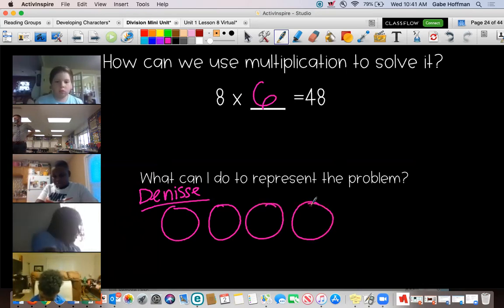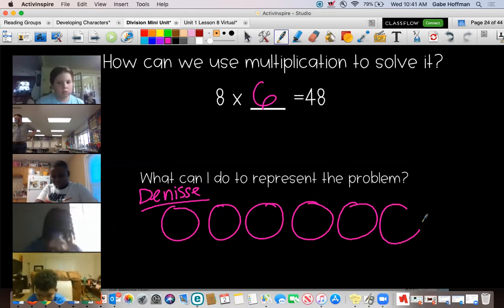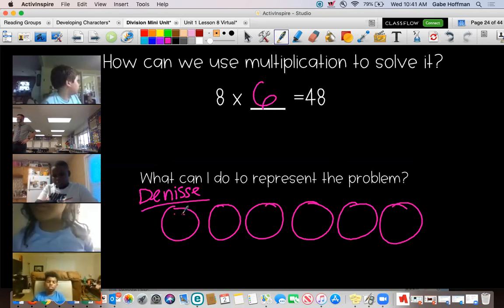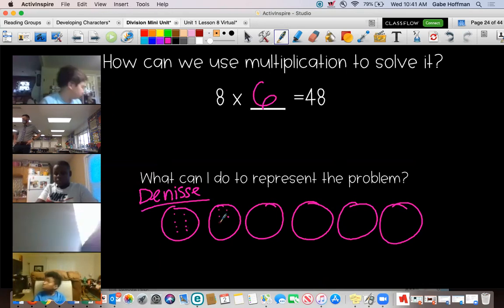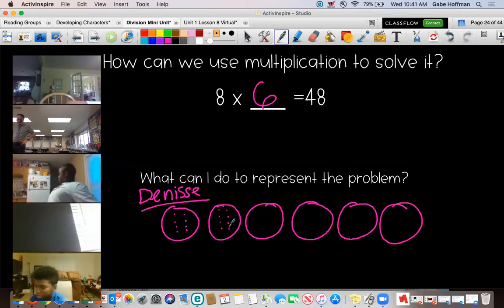And then I did 8 dots inside of them. Inside of just one of them, or what did you say? I did 8 dots inside the whole groups. Inside each one of them? Yeah. All right.